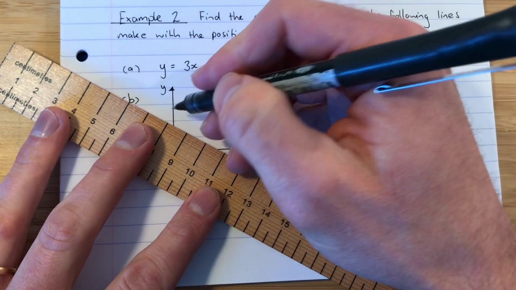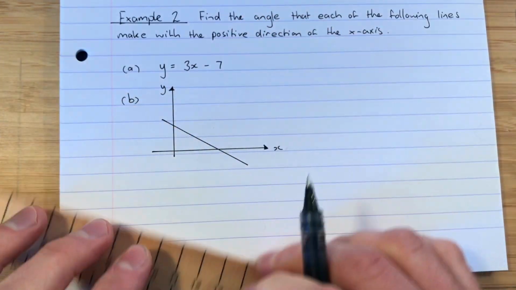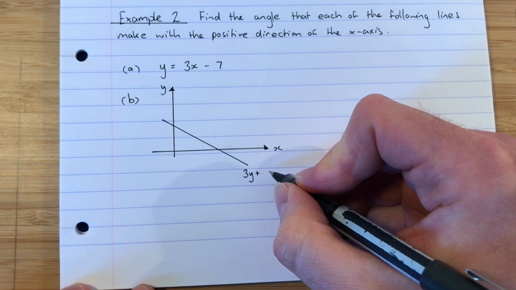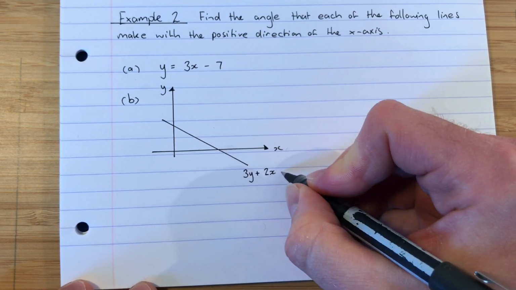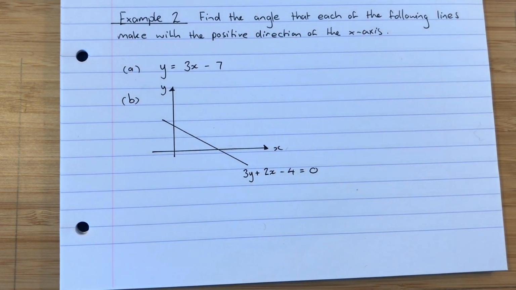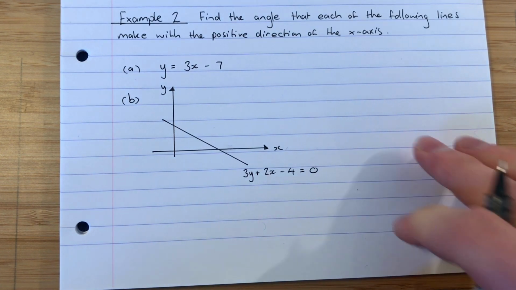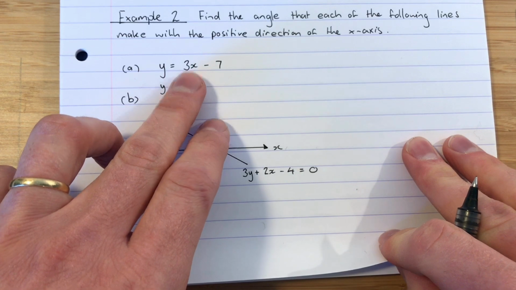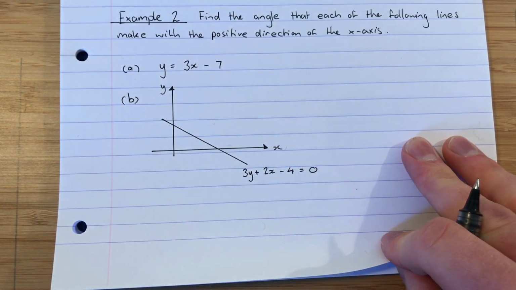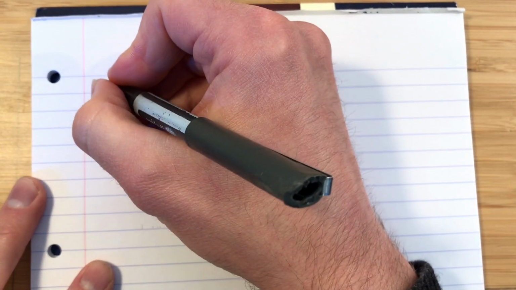Okay, let's say this line will look roughly like this. And the line is 3y add 2x, subtract 4 equals 0. Okay, so we're going to find the angle that that line makes with the positive direction of the x-axis, and then we want to find the angle that this line makes with the positive direction of the x-axis. So let's do our solution.